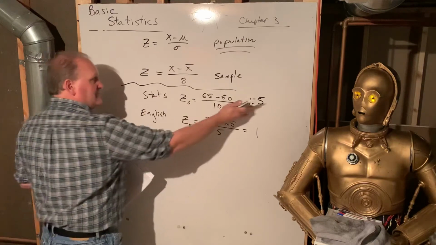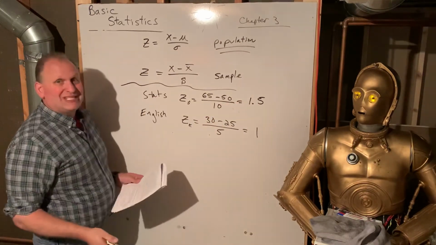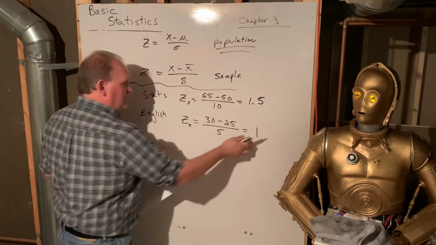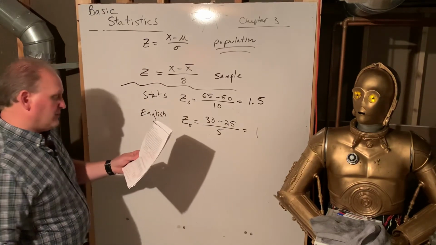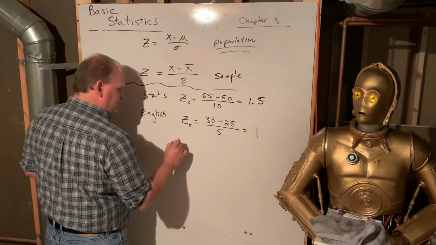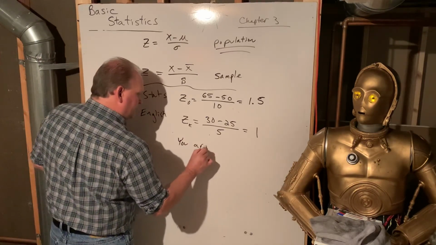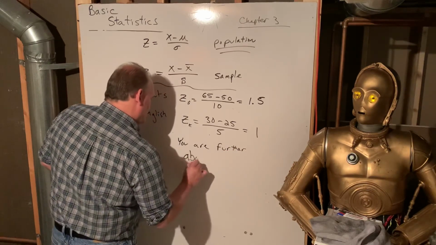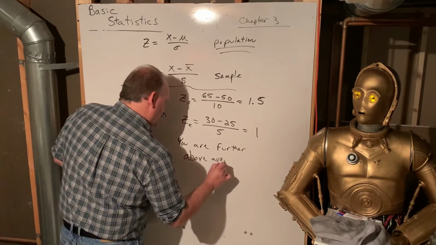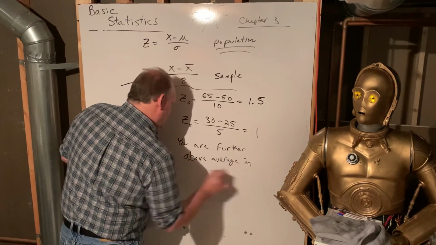But in stats, you were at a higher percentile ranking than in English. And so you did good in both classes, but you were further above average in stats. All right.